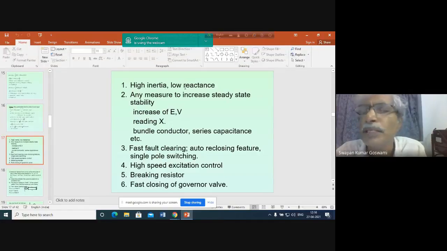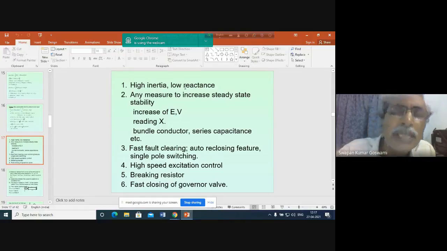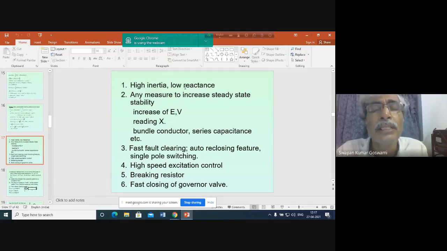It will depend upon the power output, the load, and how much the disturbance is. That decides the accelerating power, and you have no control over that. But because of that accelerating power Pa, the difference between input and output power, how much acceleration that power will create will be decided by the value of M.